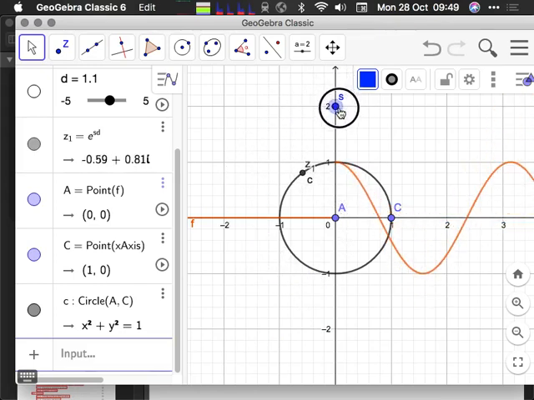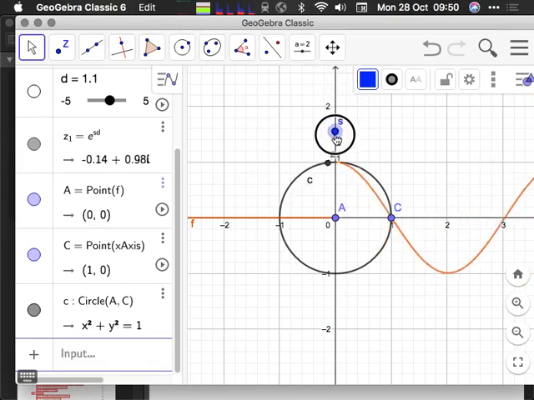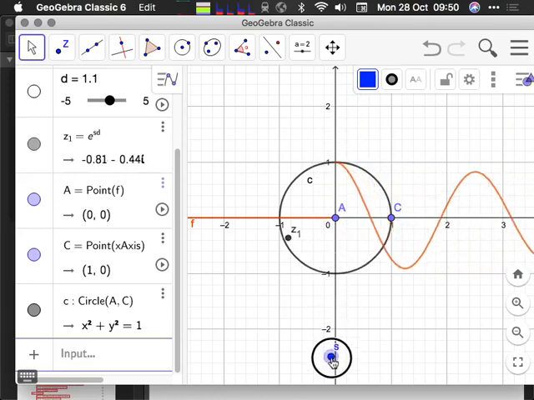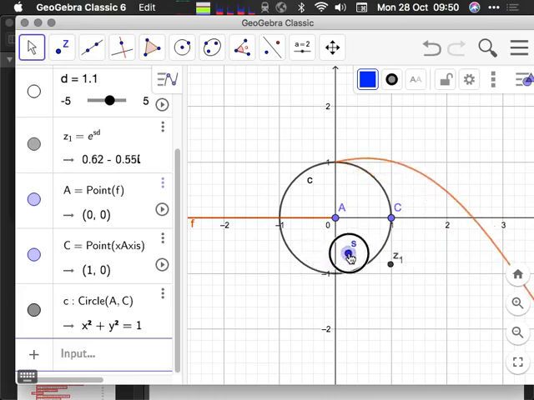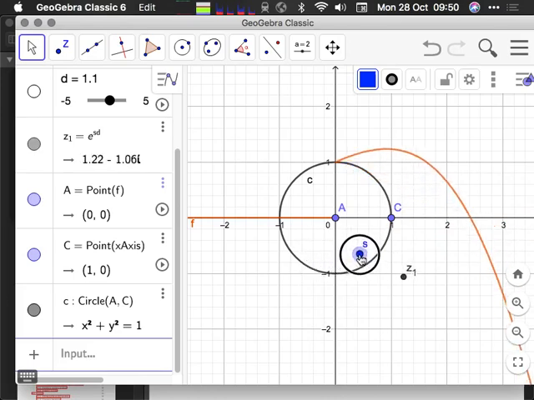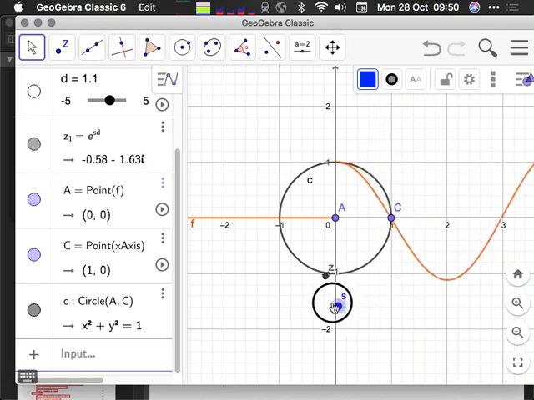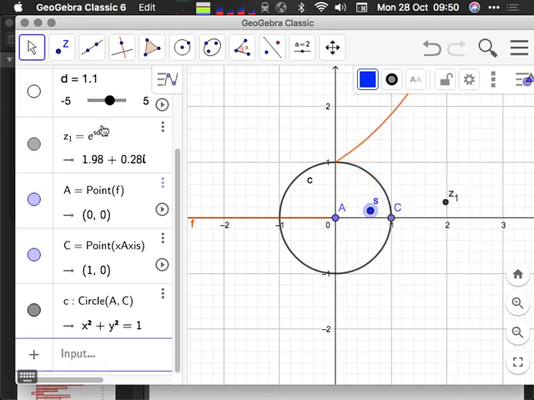Everything on the imaginary line maps out onto the unit circle, and everything to the right maps out to the outside of the unit circle.